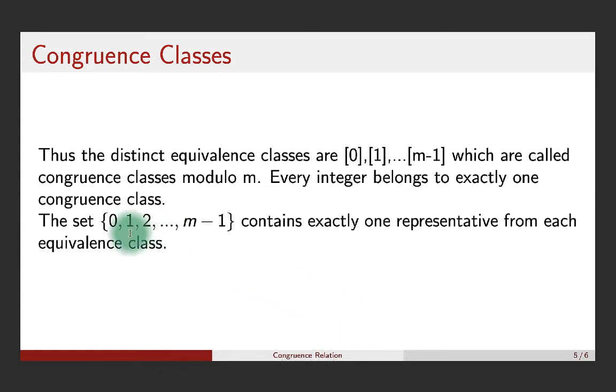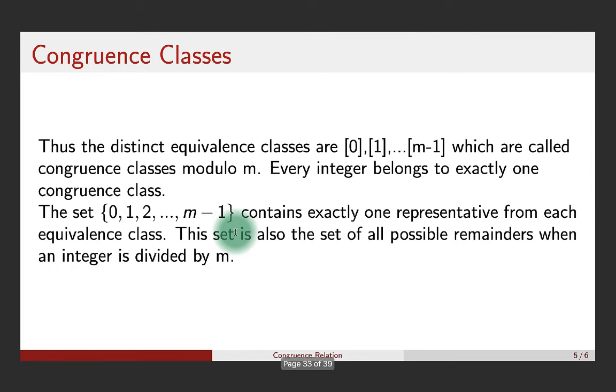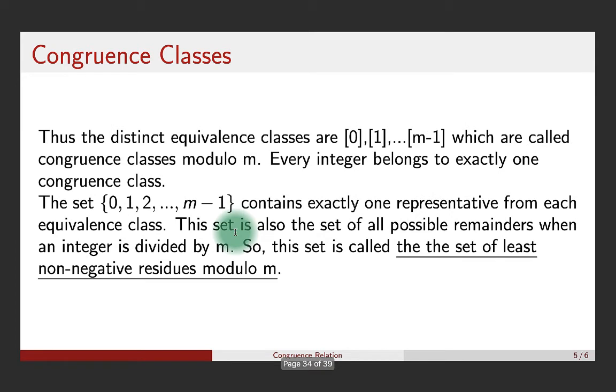Now, if we consider the set 0, 1, 2, etc., m minus 1, this set contains exactly one representative from each equivalence class. This set is also the set of all possible remainders obtained when an integer is divided by m. So, this set is called the set of least non-negative residues modulo m.